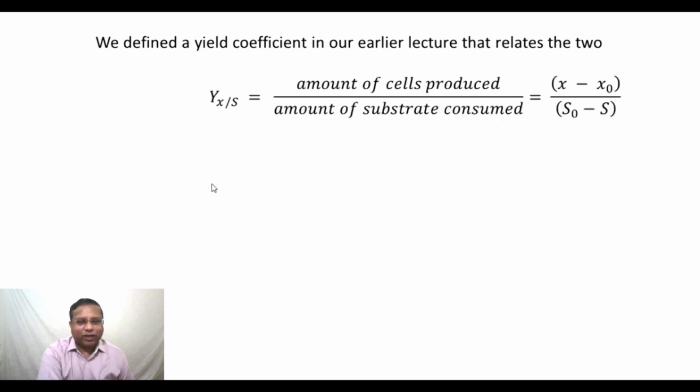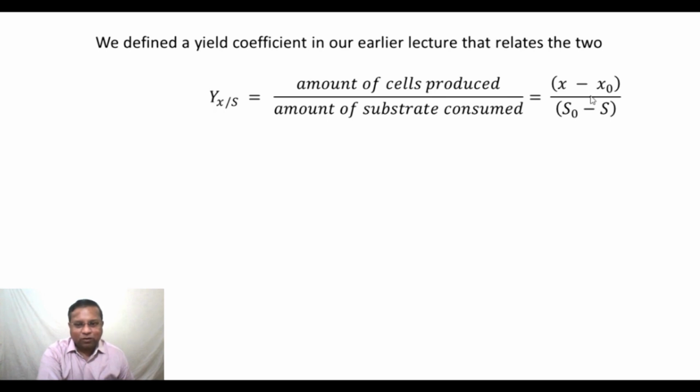We know that Y x/s, yield of cells with respect to substrate, is nothing but the amount of cells produced by the amount of substrate consumed. In terms of the values that we have defined here, x minus x naught is the concentration of cells produced by the concentration of the substrate consumed, S naught minus S.